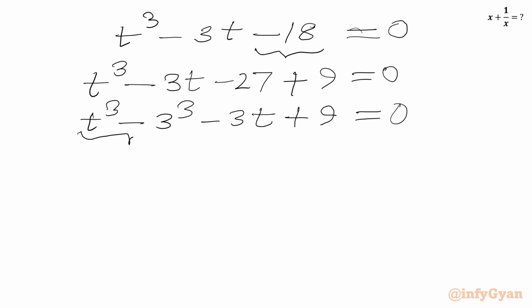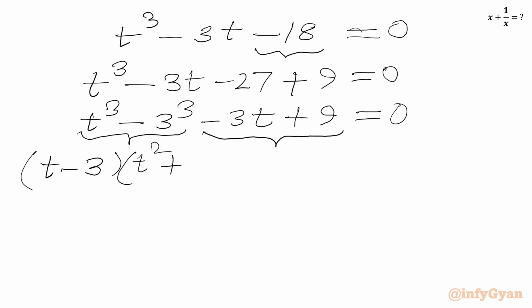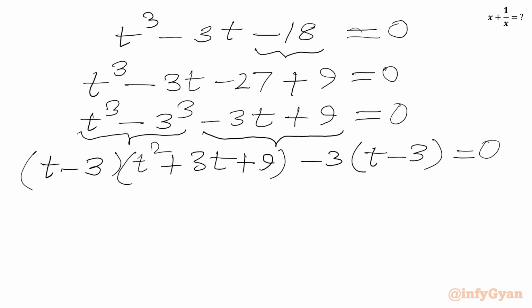Again we can use a cube minus b cube identity here, and from these two terms we can take minus 3 common out. So we will get t minus 3 times t square plus 3t plus 3 square, which is 9. Minus 3 is common. In the bracket t minus 3 will be there equal to 0.